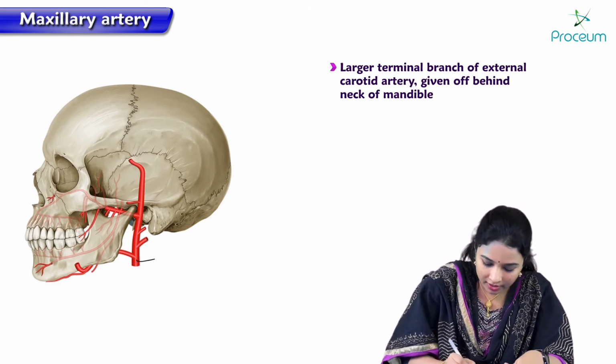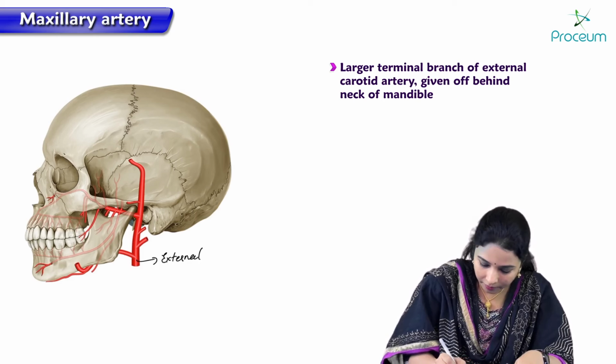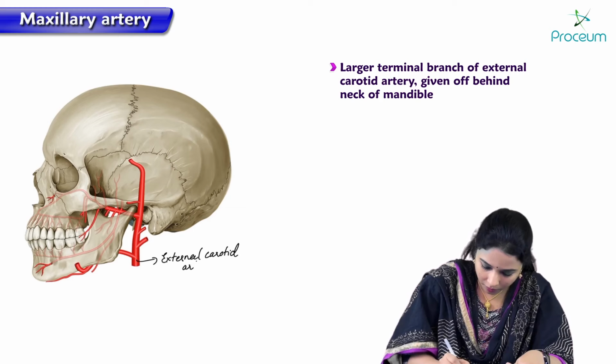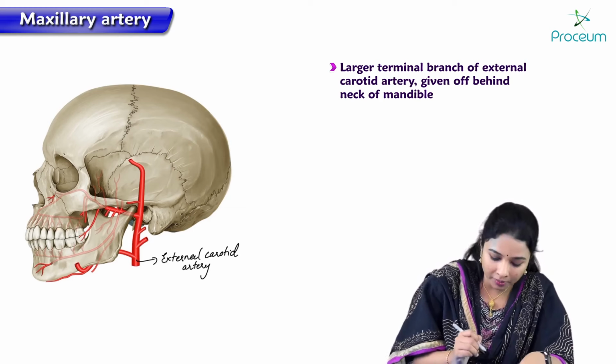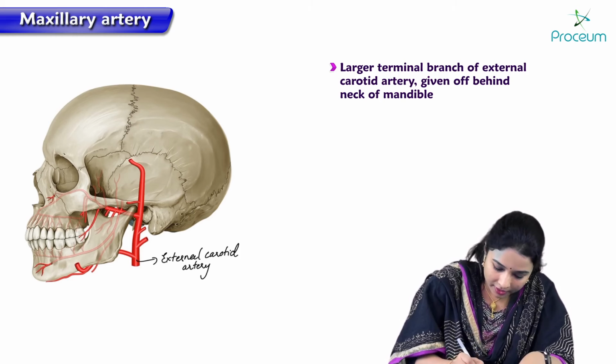So this is the external carotid artery. We can see external carotid artery terminally dividing into maxillary artery.